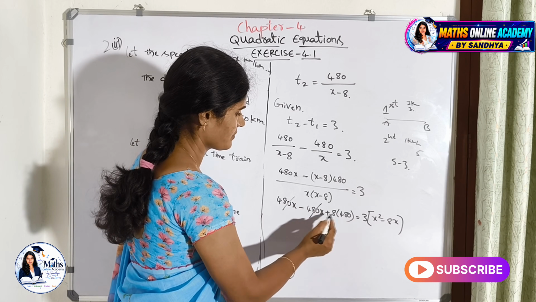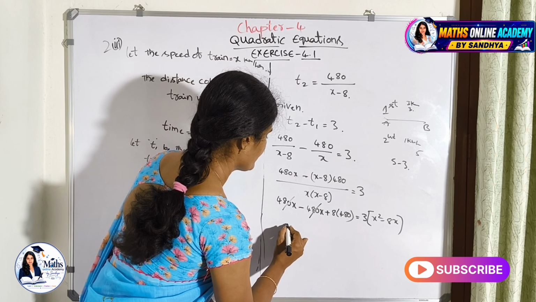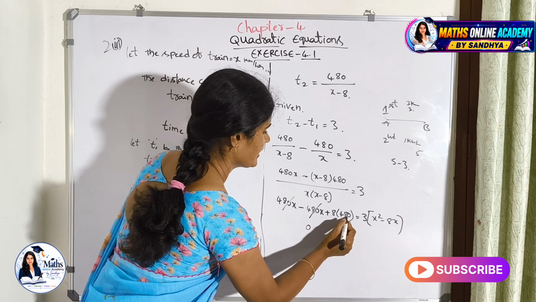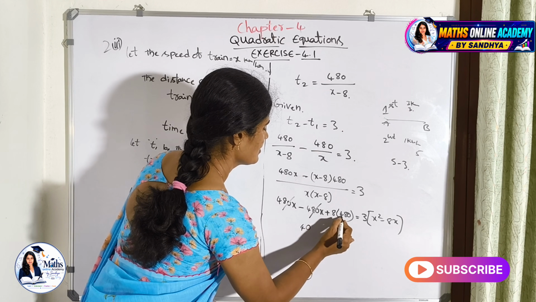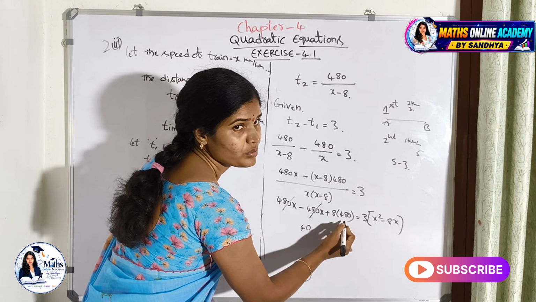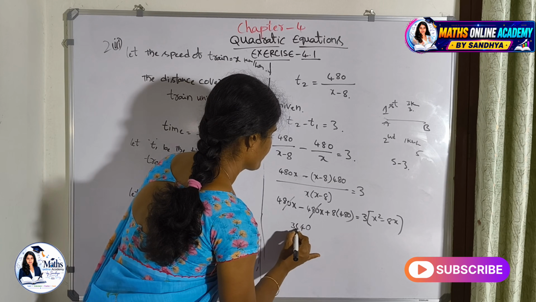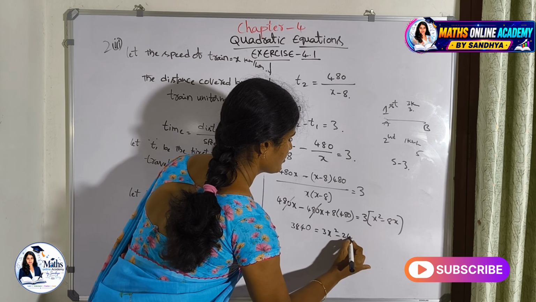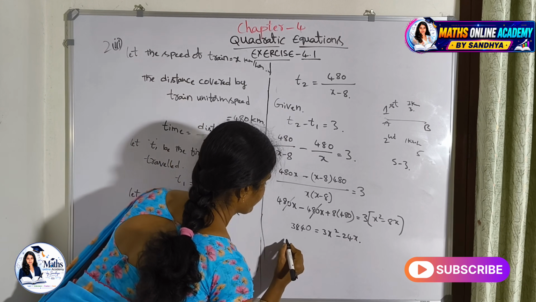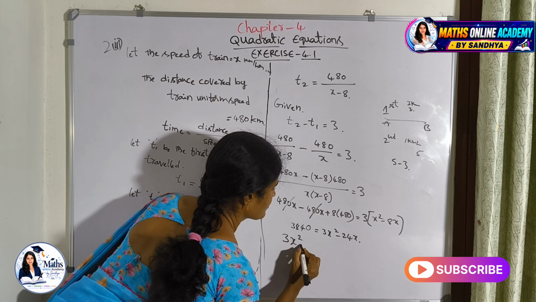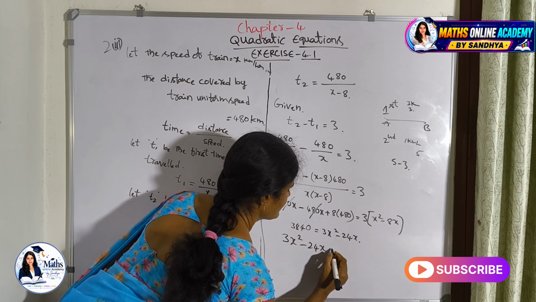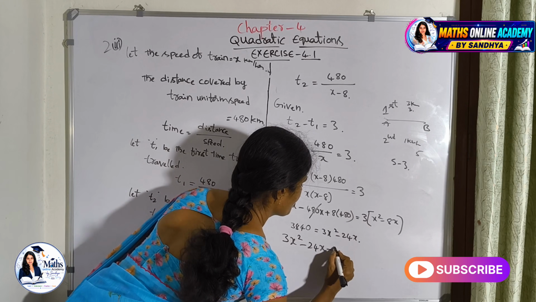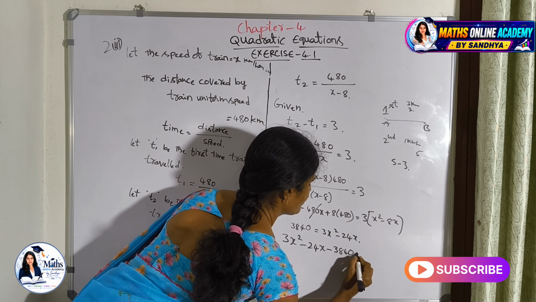These two cancel. Multiplying 8 into 480 gives 3840. Equal to 3x square minus 24x. So 3x square minus 24x minus 3840 equals 0.